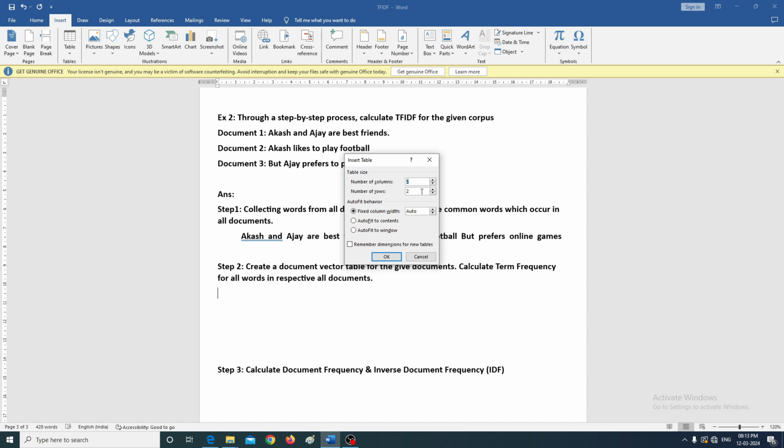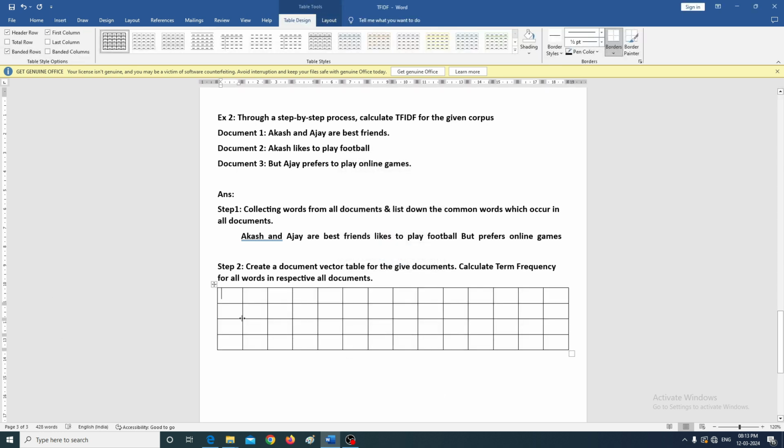I am taking one extra record to specify the document numbers, and another extra record to specify the words. I am going to mention the words and specify the document names here.